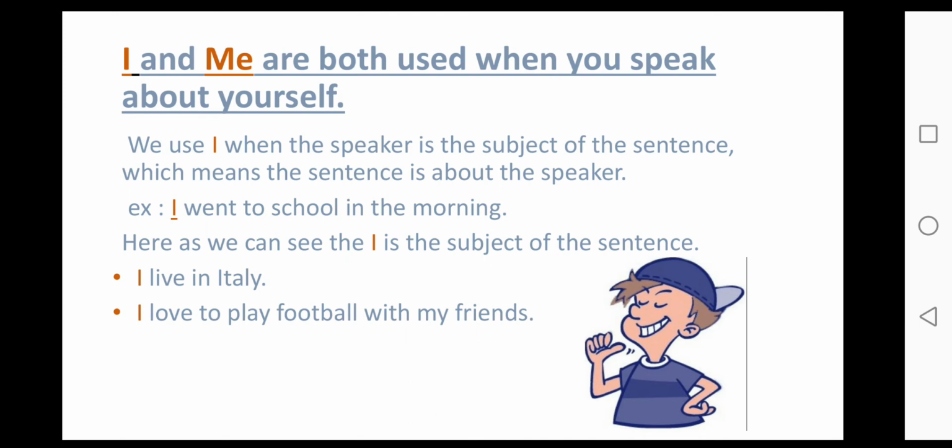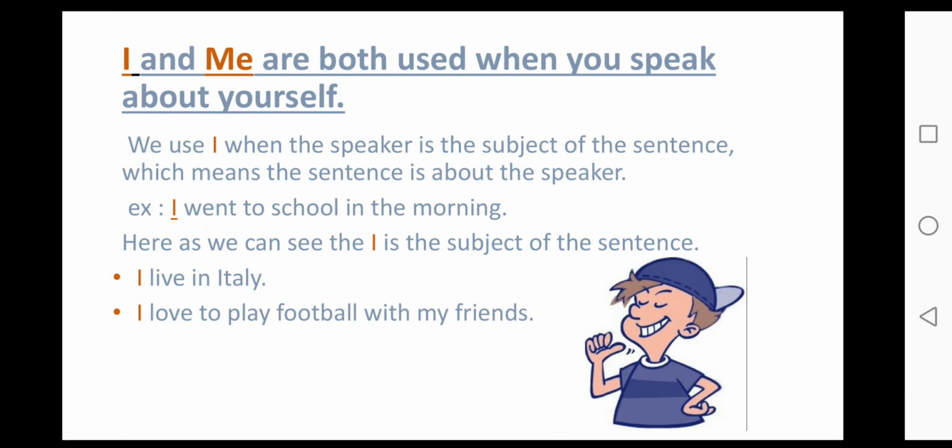Now, we use I when the speaker is the subject of the sentence. Okay? Which means that the sentence is about the speaker.